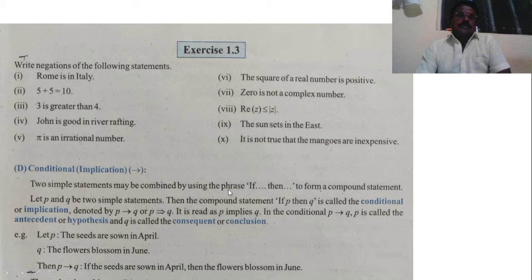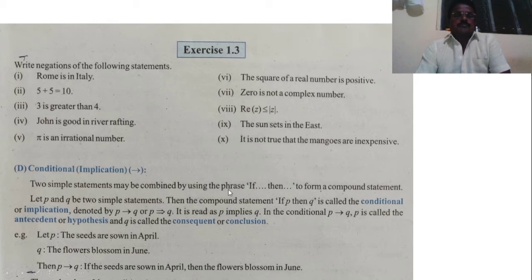Next, second statement: 5 plus 5 is equal to 10. We have to write the negation of this statement P. The negation of P is 5 plus 5 is not equal to 10.